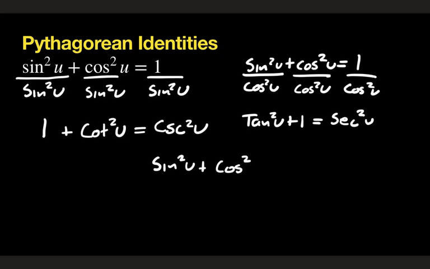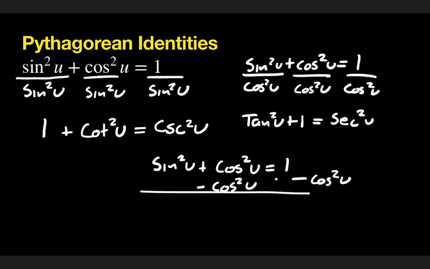So if we have sine square u plus cosine square u, and that's equal to 1, and we subtract cosine square u, you end up with sine square u is equal to 1 minus cosine square u. So you're able to manipulate all these different formulas to try to come up with a new one, and this is all coming just from the basic Pythagorean theorem and applying it to identities function.